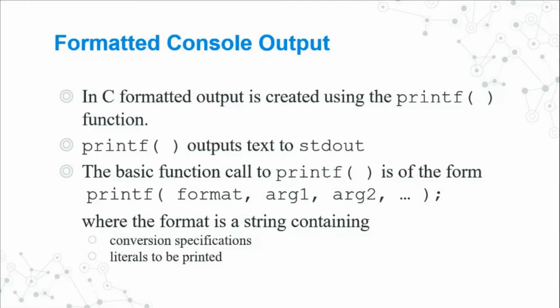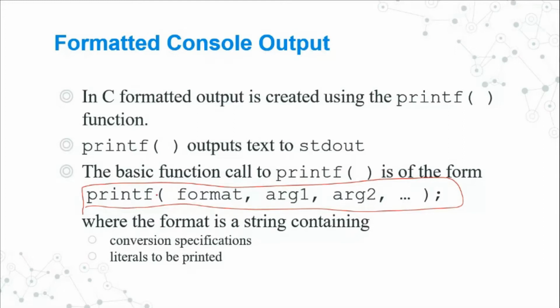The basic function printf is of this form. This is the basic format that we normally use. printf is the function name. Then for each function you need the parentheses; the parentheses are required for all functions. Within the parentheses of the printf statement, you have to specify the format, that is how it should be printed, then argument 1, argument 2, etc. The number of arguments depends on the number of elements to be printed.